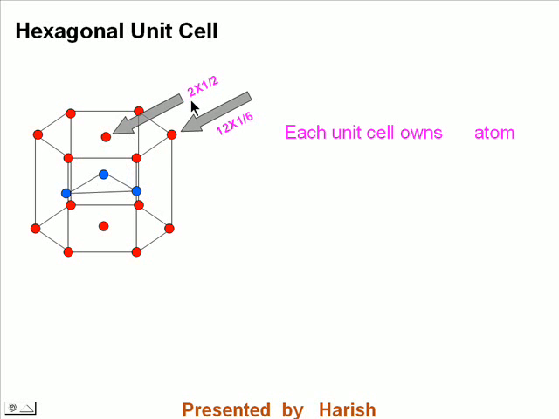There are two such spheres, one here, another here, so 2 into 1 by 2. That's it. You have 3 more here. They are completely inside the unit cell, so the contribution has to be 1. So 3 into 1. That makes the effective number of atoms 6. So if you take a unit cell, there are going to be 6 atoms.